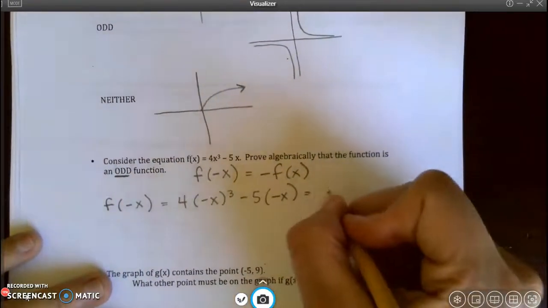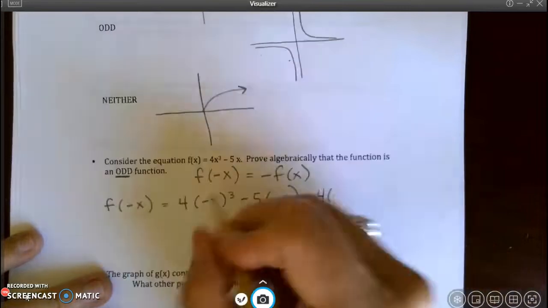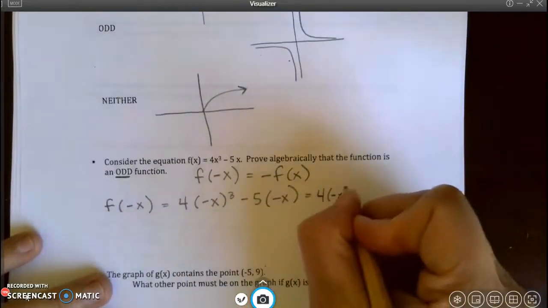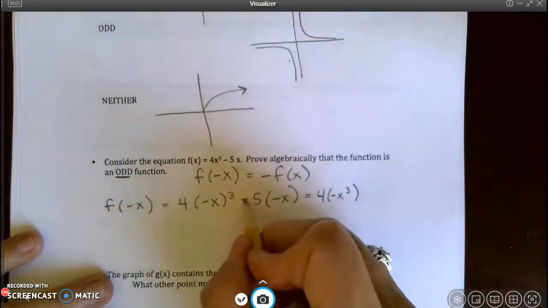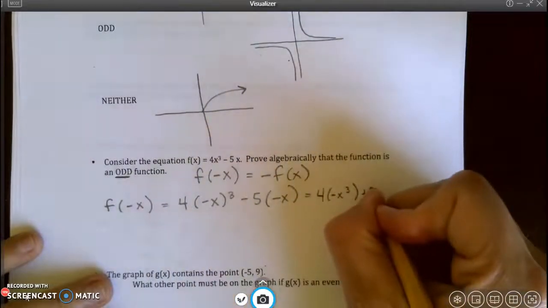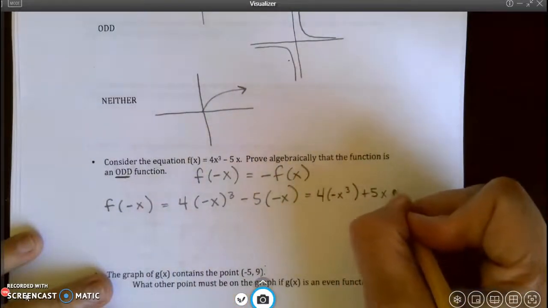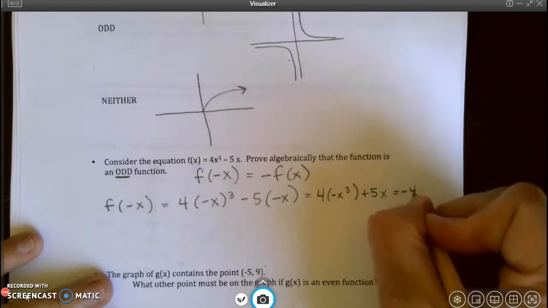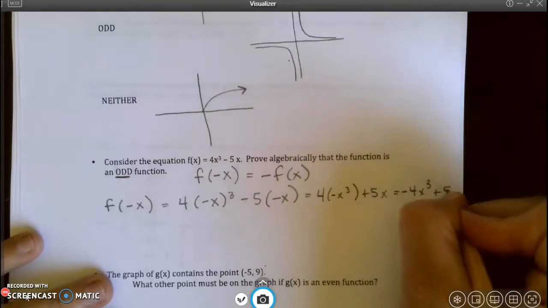And so I get 4 times, when I cube a negative, it just becomes negative x cubed. And a negative times a negative becomes a positive. And so I get negative 4x cubed plus 5x.